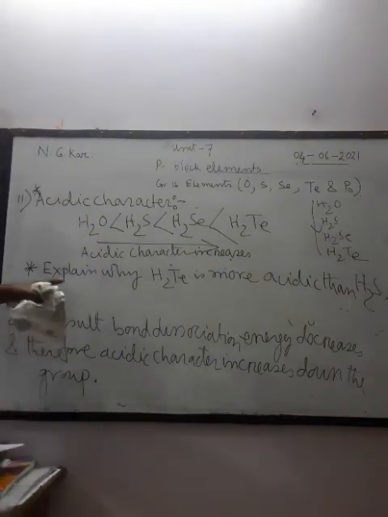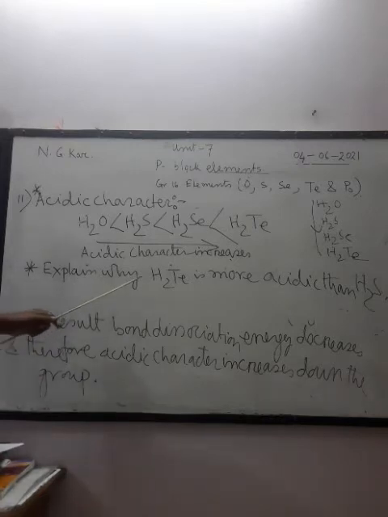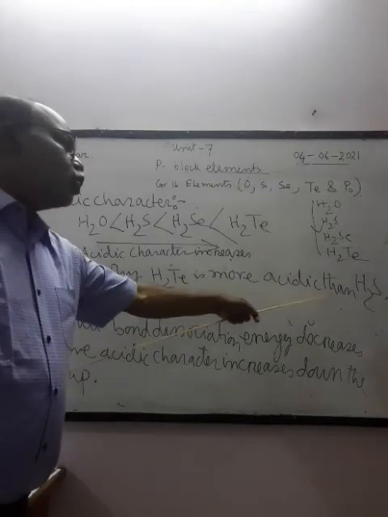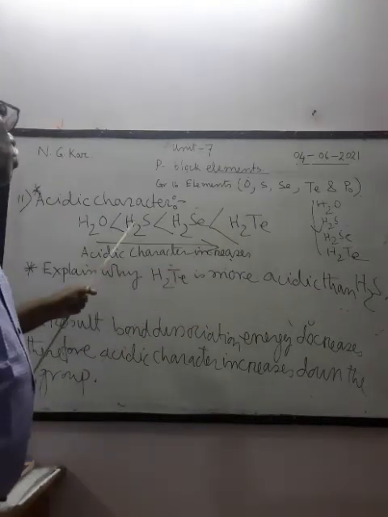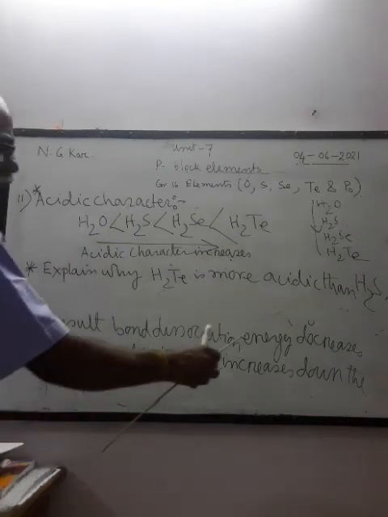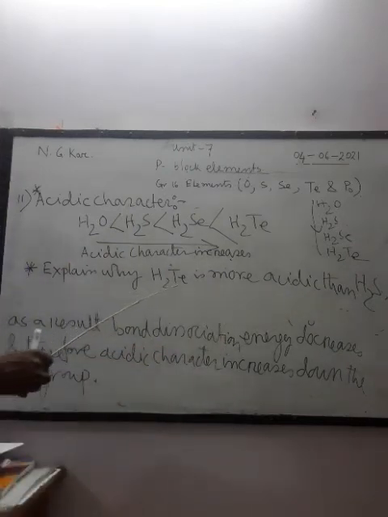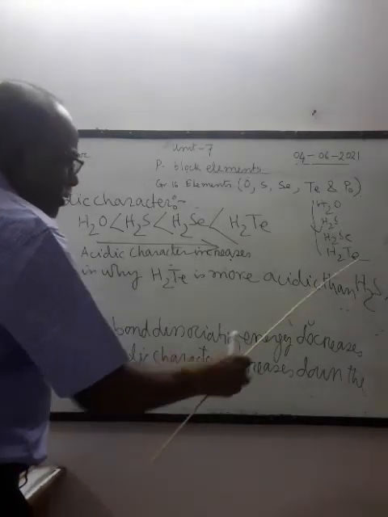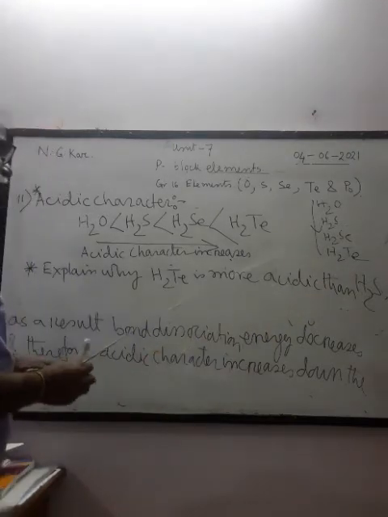So this question is very important. Explain why H2Te is more acidic than H2S. The answer is, in case of H2Te, the central atom is tellurium, and in case of H2S, the central atom is sulfur.